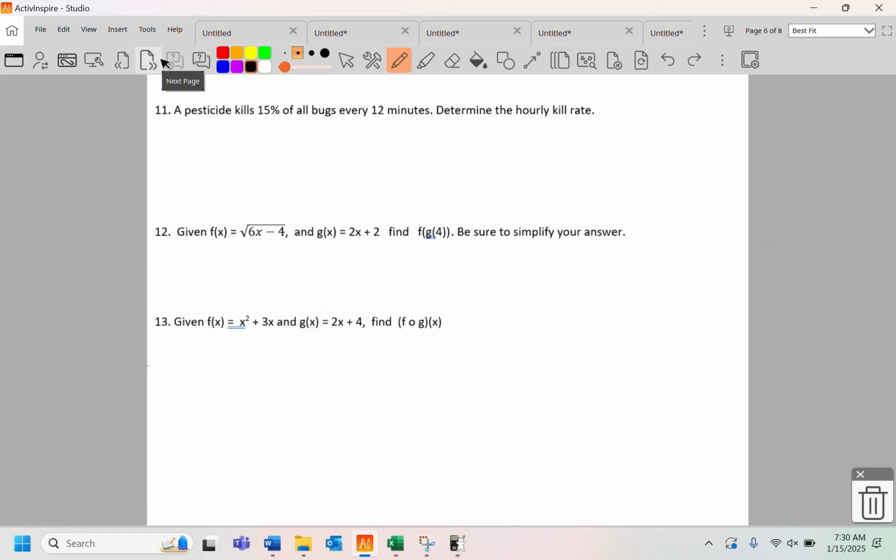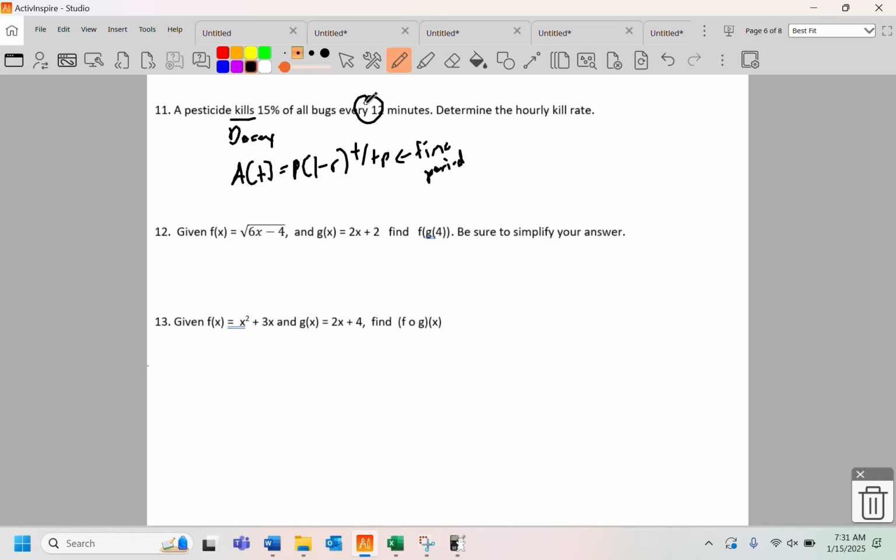A pesticide kills 15% of all bugs every 12 minutes. Determine the hourly rate. Notice it talks about kills, that's decay. And your form for decay is the amount after time passes is principal times 1 minus r to the t, technically over the time period. Okay? That's time period.